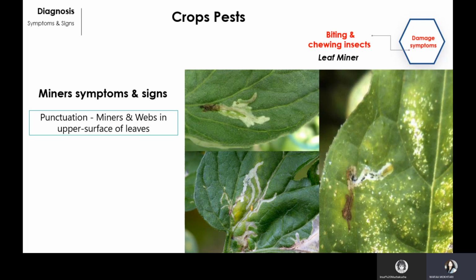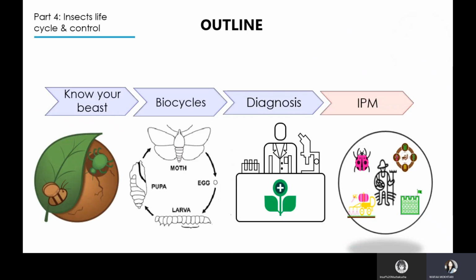You can see this one is a larva, and it is making a tunnel. They are called mines or webs. See, they are webbing here, and here is another web. Here is an example of a larva of a leaf miner. And they are attacking the upper leaves. This is a way to know how the leaf miner attacks.